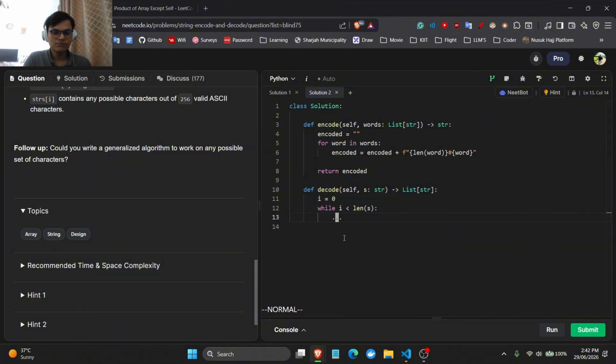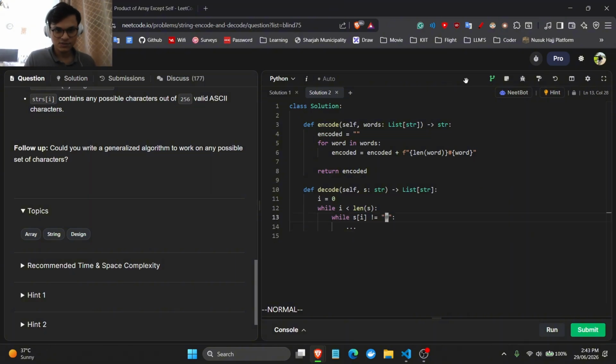Because of the way we are encoding, we go up until we get the first pound symbol.